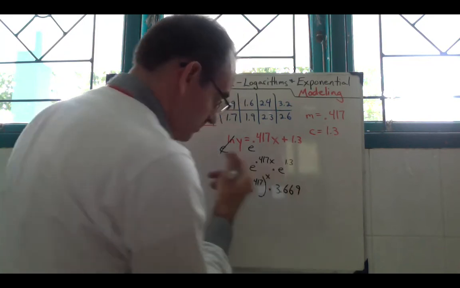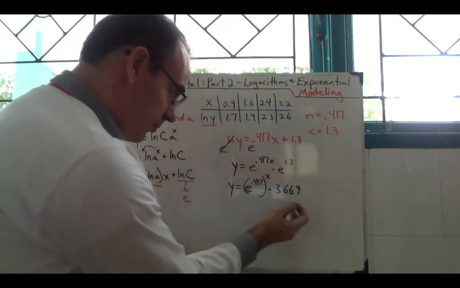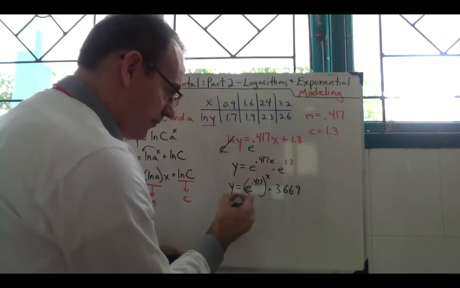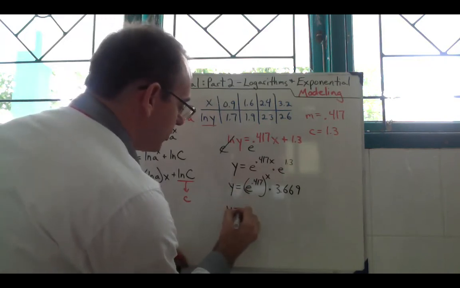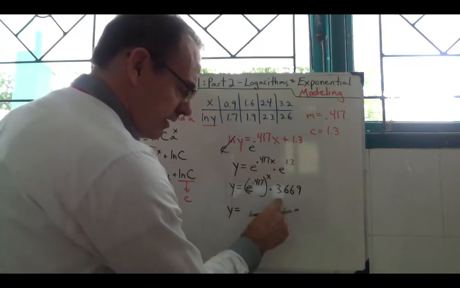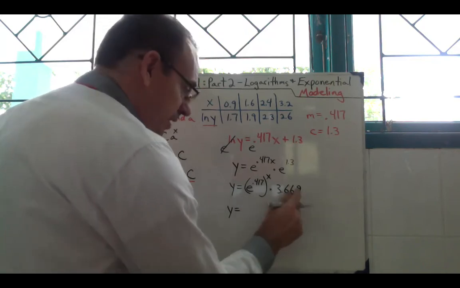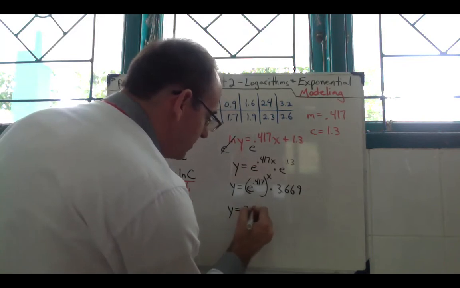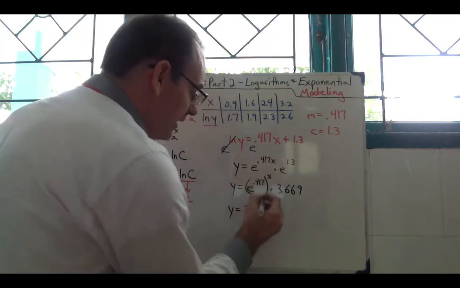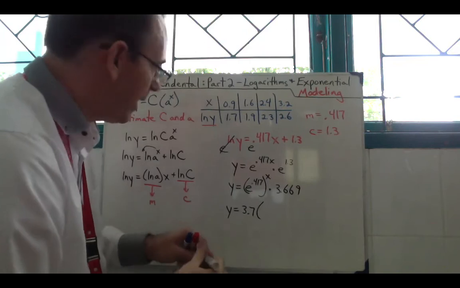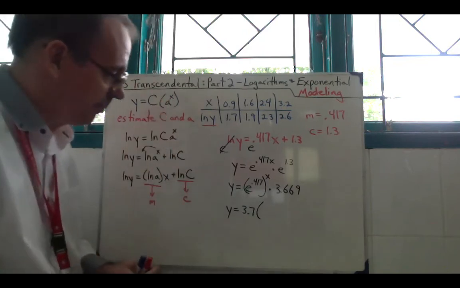And so we're going to make this the coefficient in the front, y equals, and I'm just going to change it now because we want two significant figures. I'm just going to put 3.7. And then in here, for the base, notice we have a base to our power.